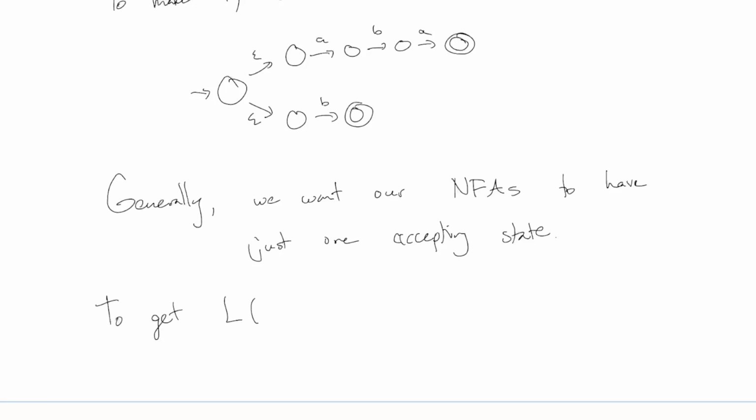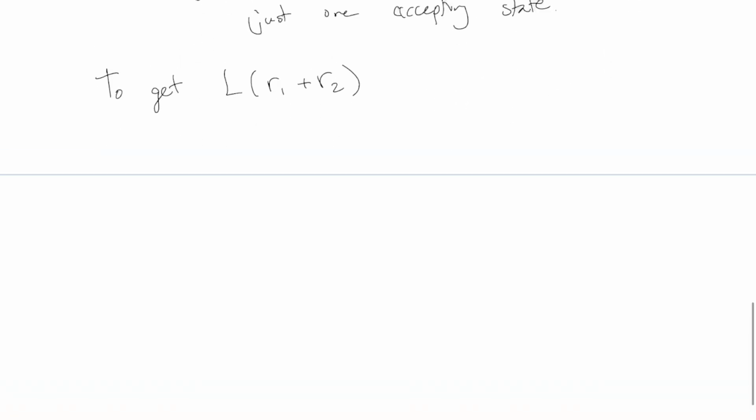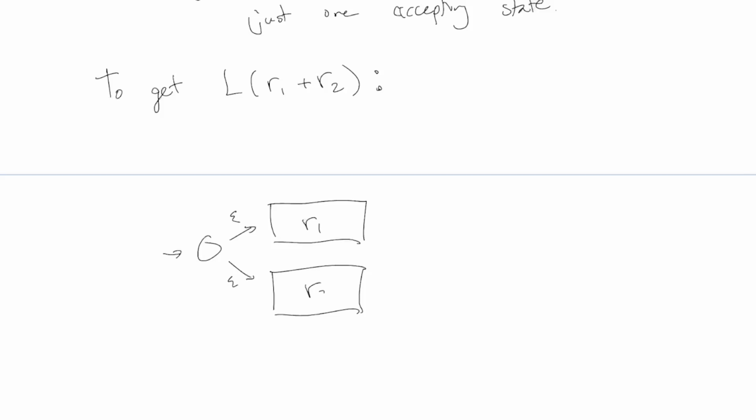If you have something like the language of R1 plus R2, where R1 and R2 are two different regular expressions and I want to combine them with a plus, the way to do that is what I just said. You go like this, and then maybe I'll put R1 in a box here, R2 in a box here.